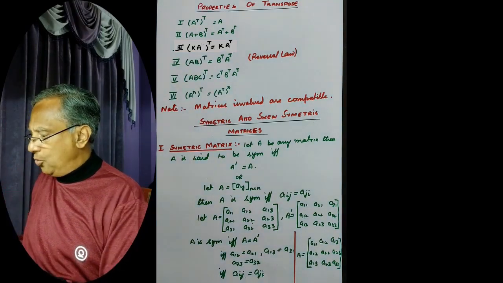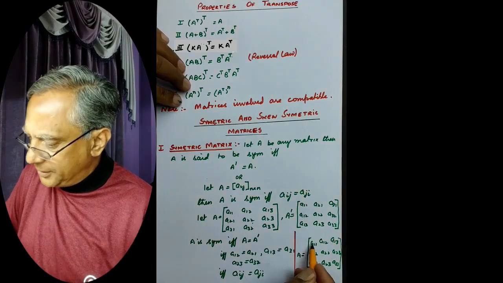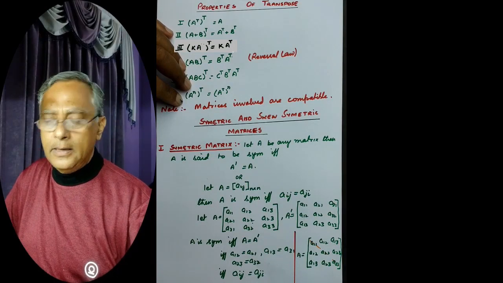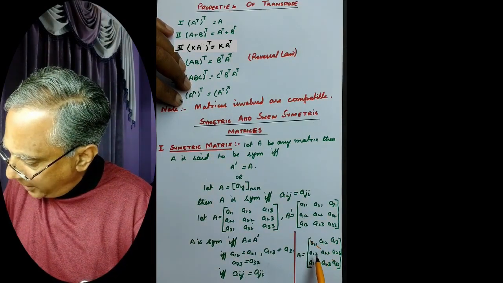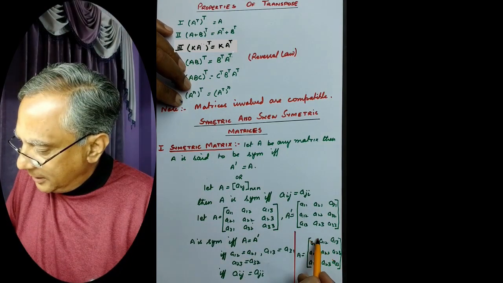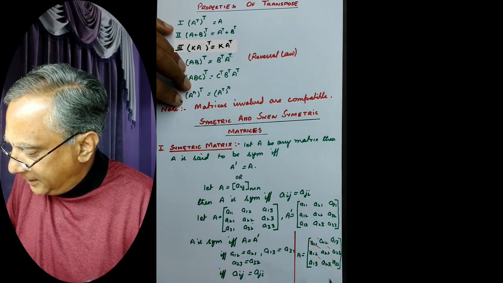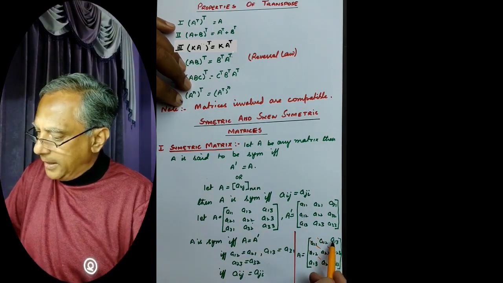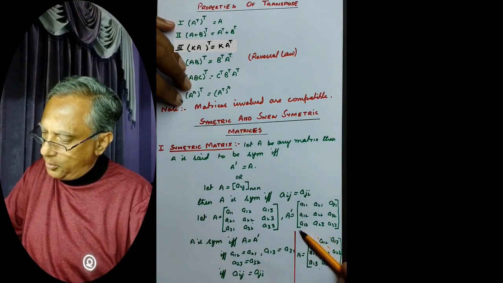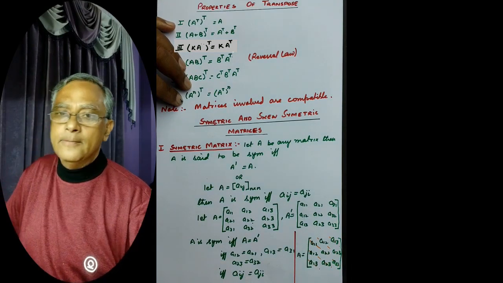And what we note in this matrix is this is the principal diagonal. And what we note is A12 is equal to A12 and A23 is equal to A23. The entries situated symmetrical to the principal diagonal are equal.